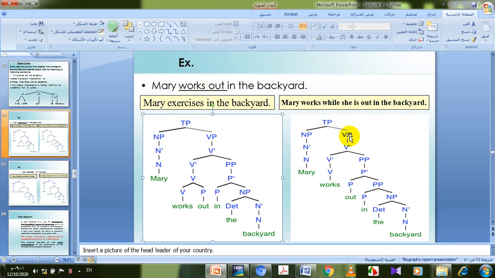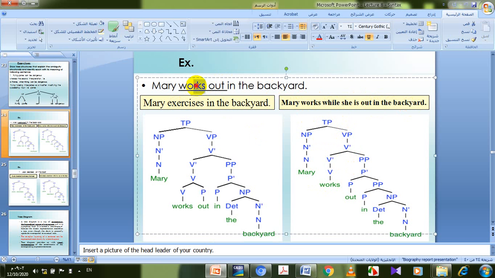So the noun phrase and verb phrase are the same: Mary is a noun phrase, and the verb phrase is divided into the verb works and the rest of the sentence, out in the backyard, which is a prepositional phrase because it's a group of words starting with a preposition.